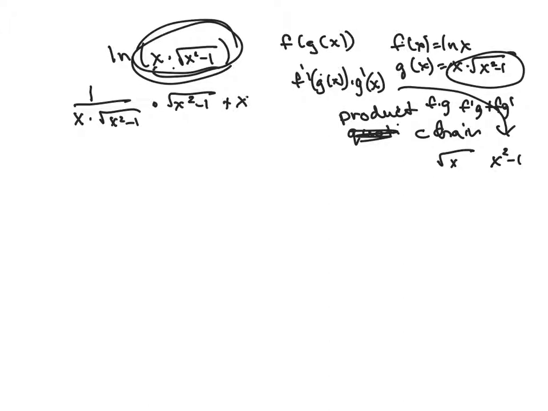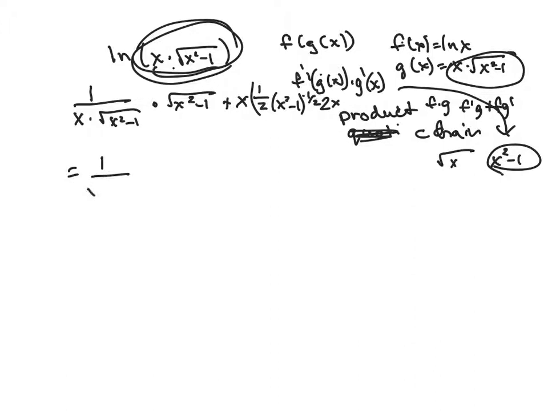Don't have to do it till you need it, but the derivative of the square root of x squared minus 1: the derivative of the square root of x is 1/2 x squared minus 1 to the negative 1/2. And then I need the derivative of the inside here, x squared minus 1, and that'll be 2x. Gross. Okay, let's clean that up.